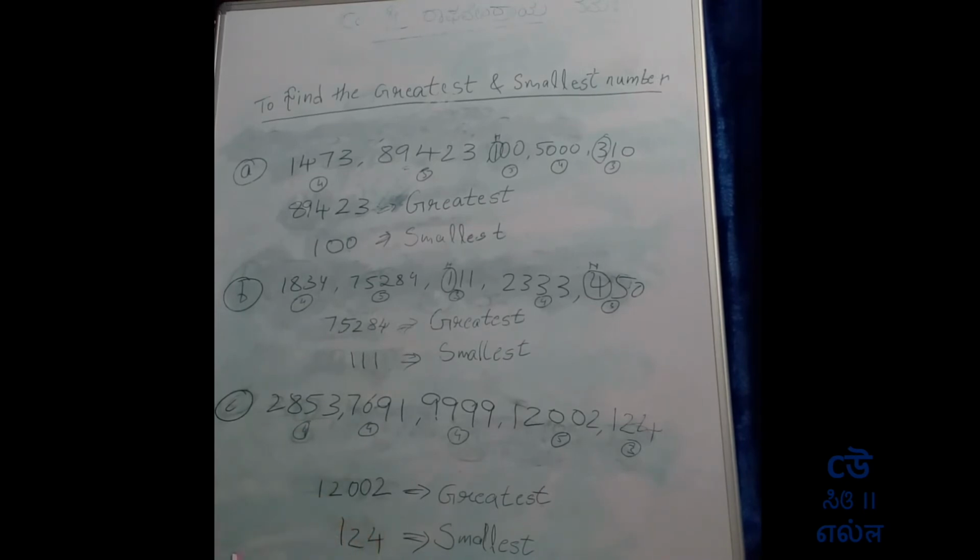So children, you now know how to find the greatest and smallest number from these examples. I think this will be enough to learn how to find the greatest and smallest number among all. Okay, again I'll repeat the steps, you can revise it.